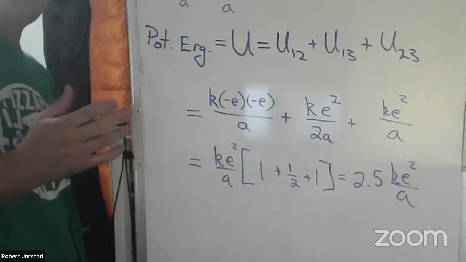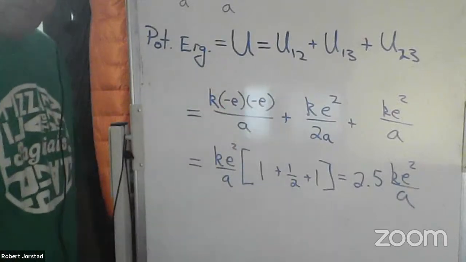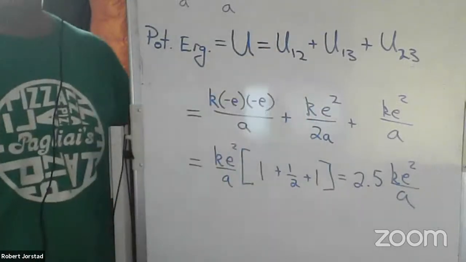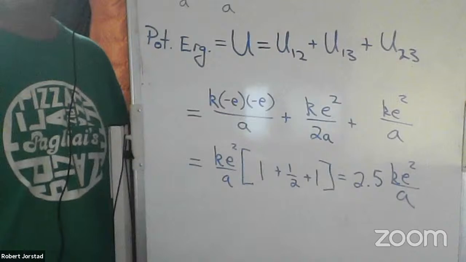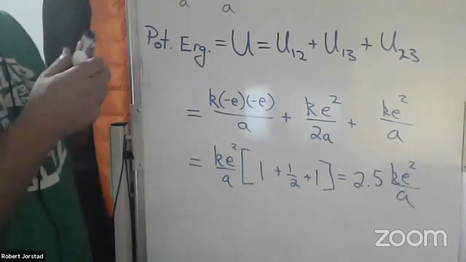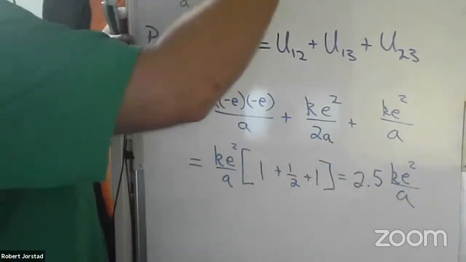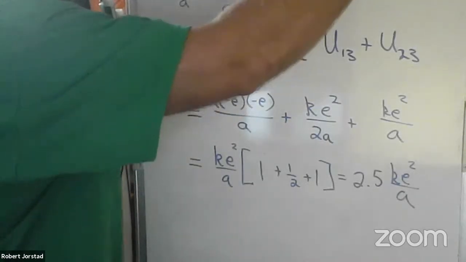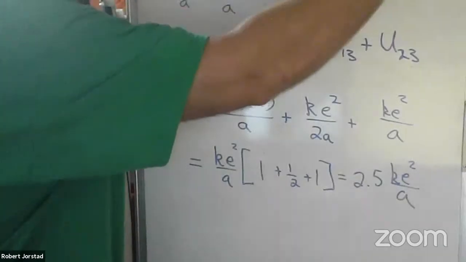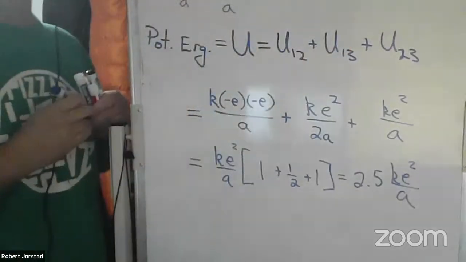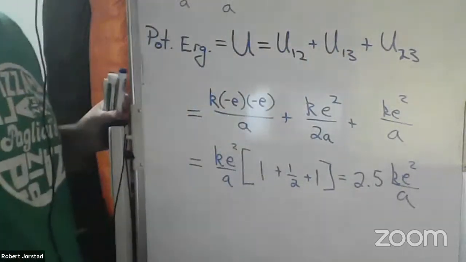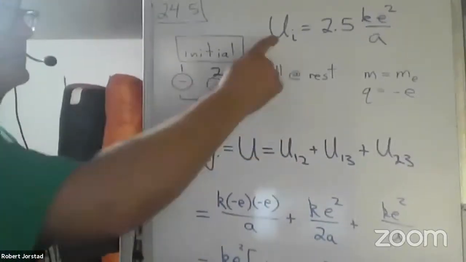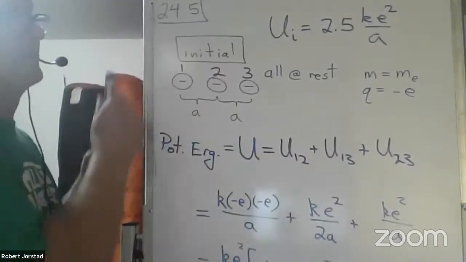So for potential energy, there's an extra charge in there. The potential energy is stored between pairs. I'm going to write that up here just so I don't lose it. So there's our answer for that one, the initial. So that was part A.